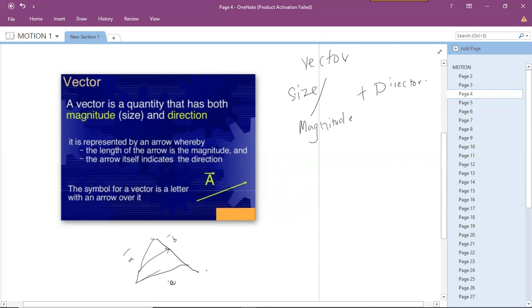Have you seen such vectors before in mathematics? Yes. So we're going to do these types of vectors in mathematics. These are known as geometric vectors, meaning vectors on the x or y plane that are in the form of shapes.